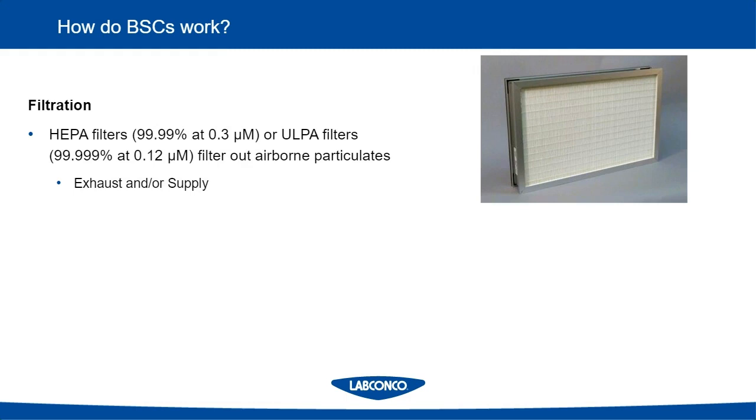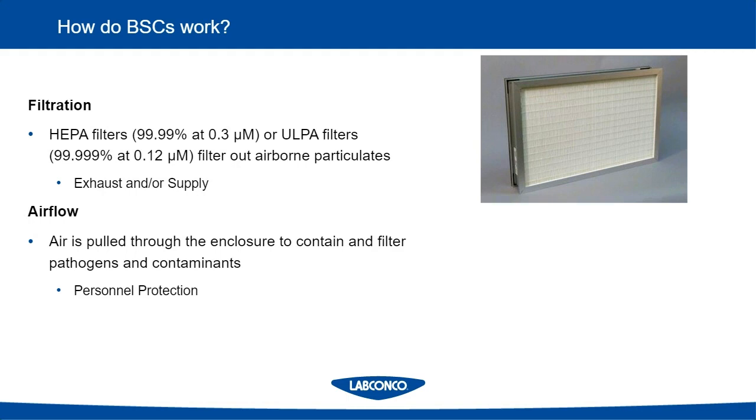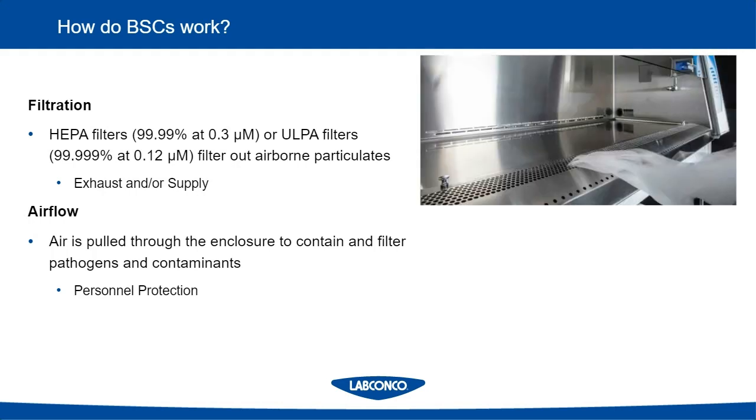As far as biosafety cabinet classes, there are three main classes of BSCs. The first class would be a Class I biosafety cabinet. This is a negative pressure enclosure whereby airflow is drawn in the front of the cabinet, pulled across whatever you're working with, whatever samples you might have, and then passed through a HEPA filter before entering back into the lab space.